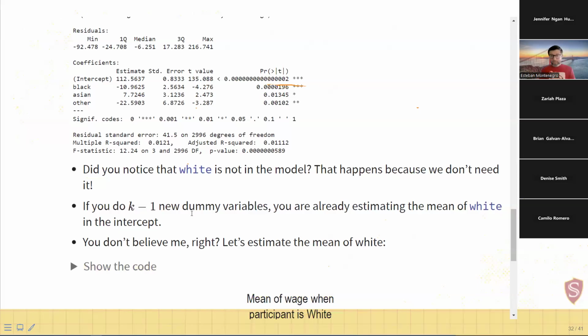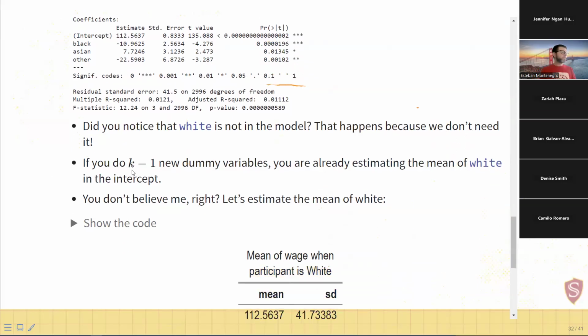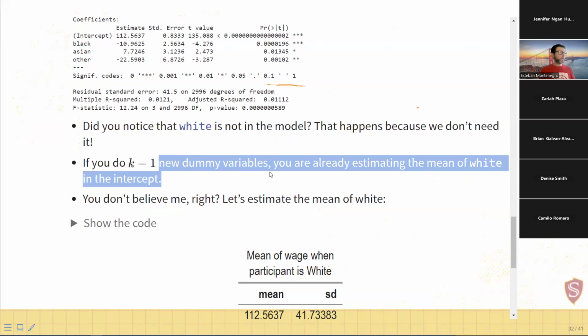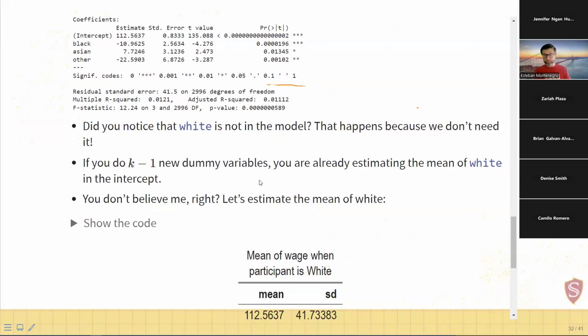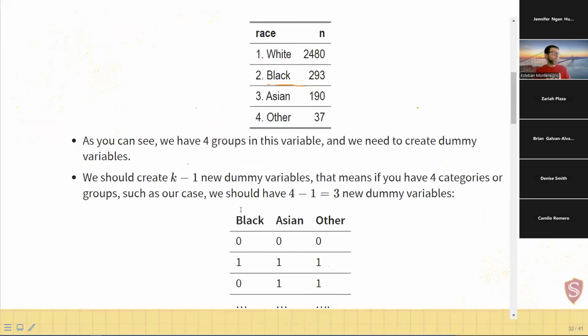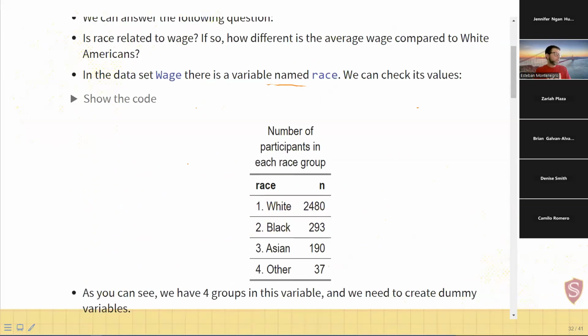Now, how do you know how many dummy variables you should create? Well, there is a rule of thumb for that. We use the rule k minus 1. That means that if you have 4 groups, you subtract 4 minus 1, and you get the number of dummy variables that you should create, right? In this example, we have 4 groups, so if we follow the rule, it would be 4 minus 1.